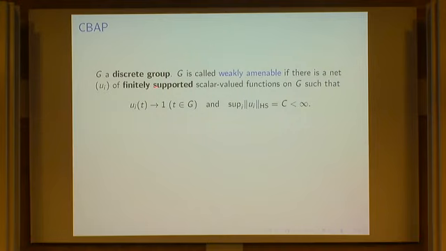A group G is called weakly amenable if I can find a net of scalar valued functions on G, each one of the elements of the net finitely supported, which tends to the constant function 1 pointwise, and the supremum of the Herz-Schur norms of those functions is finite.